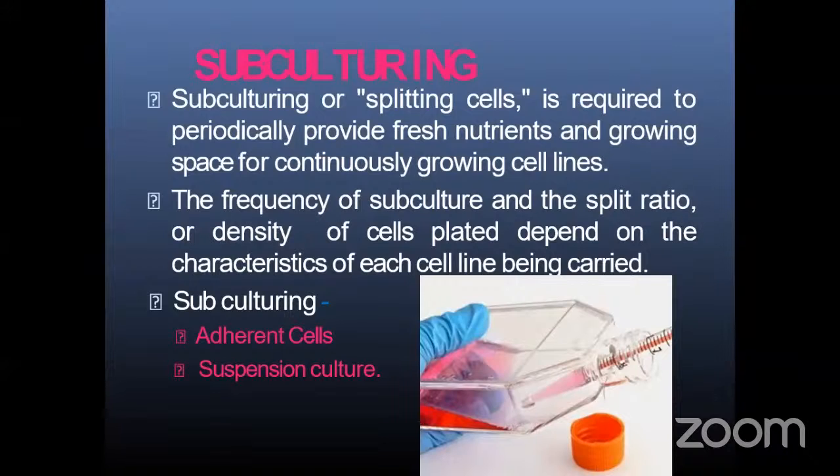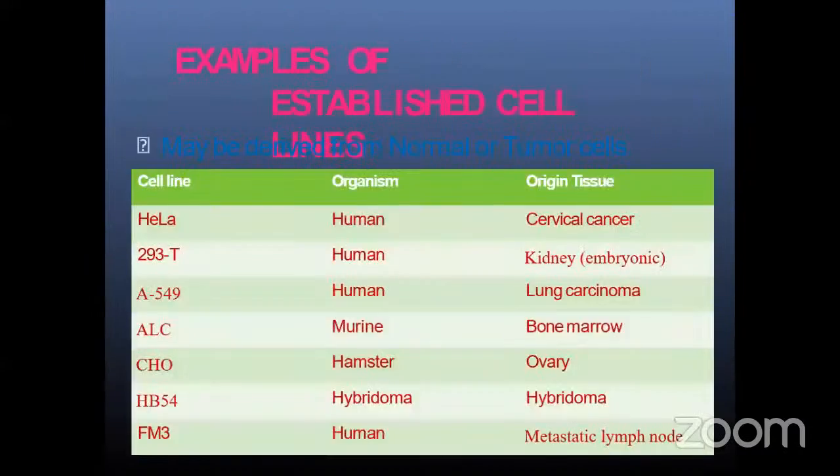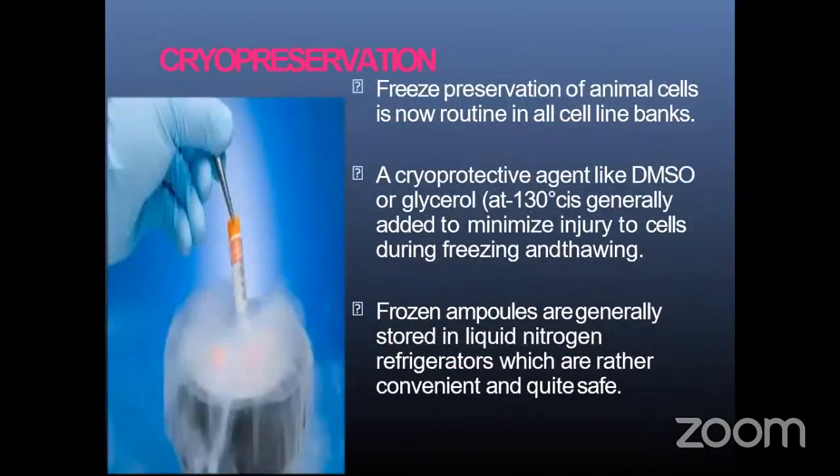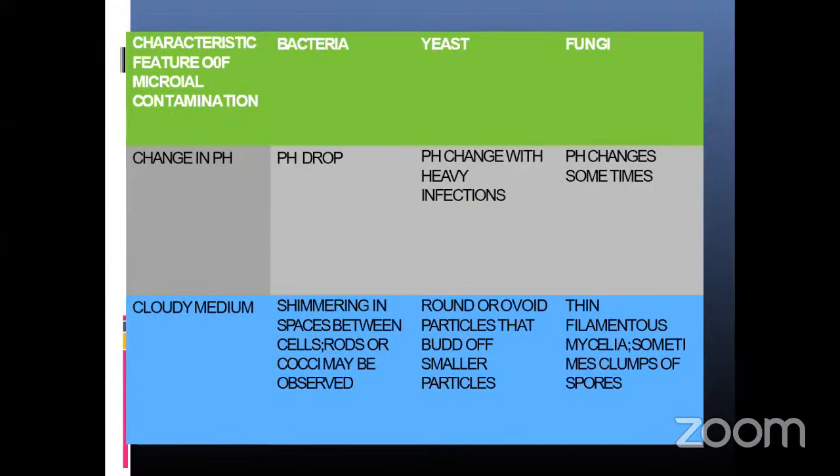So why is it pink in color? This is because we use indicators. Usually in chemistry we use pH indicators. In the same way here also, to check the pH change, we use indicators. If there is any growth of bacteria or yeast or fungi, the pH will change.